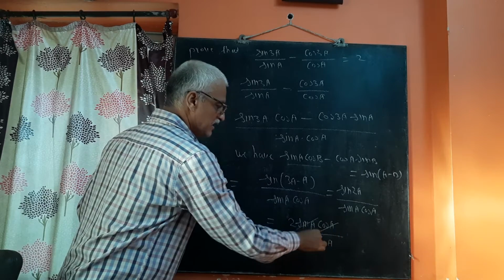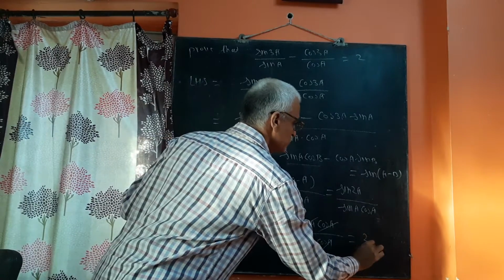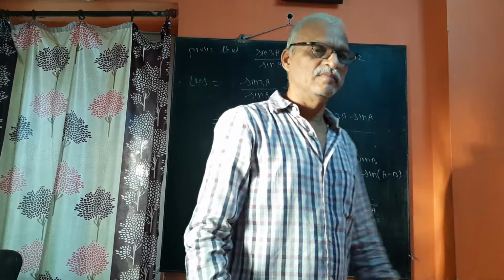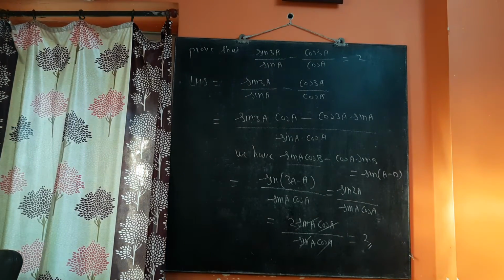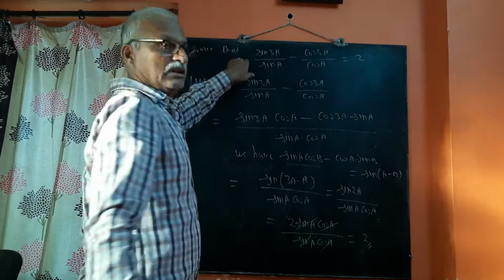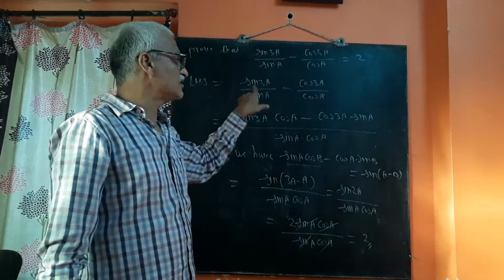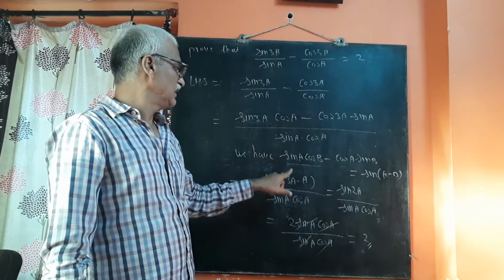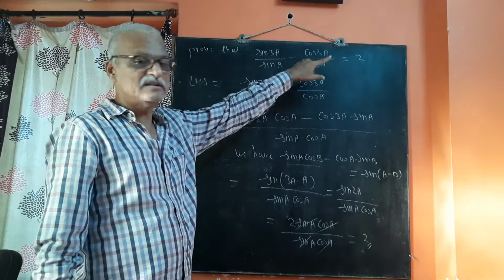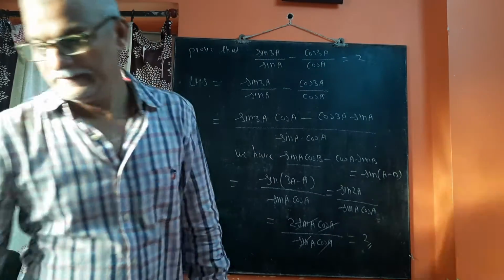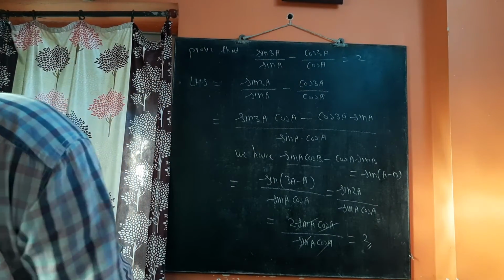Sin a cos a gets cancelled, and the remaining is 2, that is our RHS. So by cross multiplication and application of compound angle formulas, we have got the right hand side equal to 2.